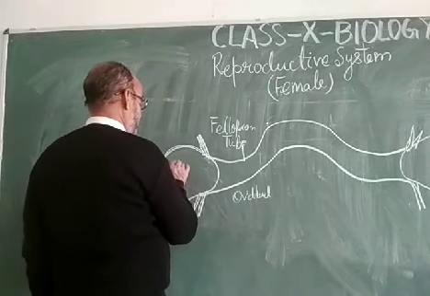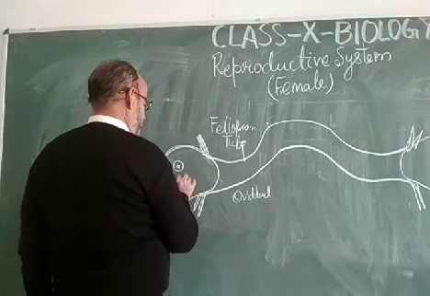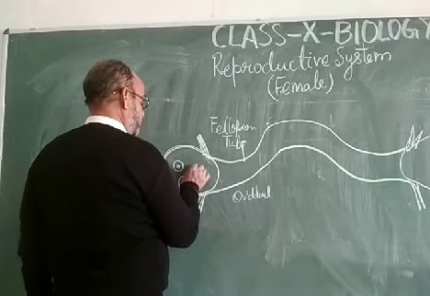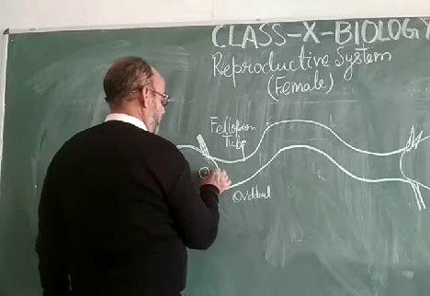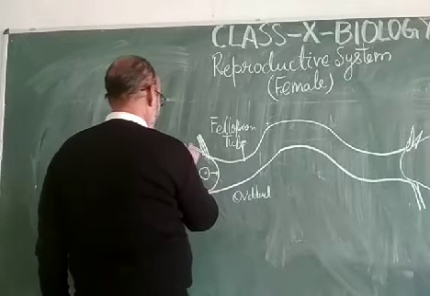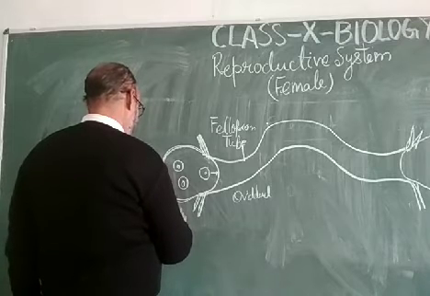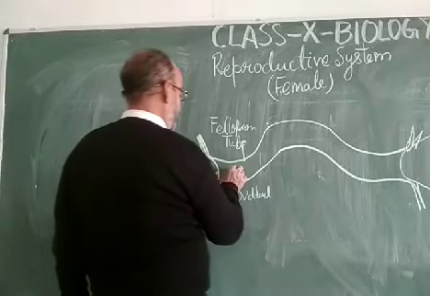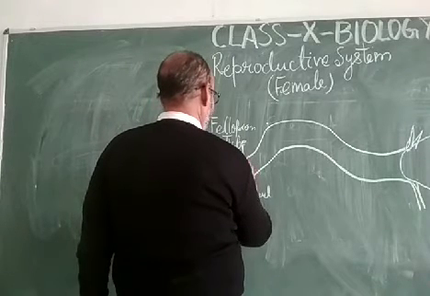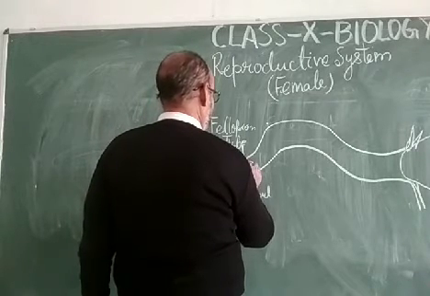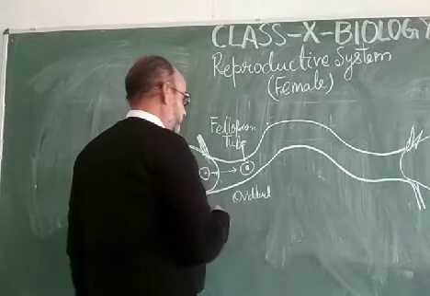So the ovum gets produced inside it, and on maturation, it will try to come out from this ovary. This is the ovary, this is the fallopian tube, and the matured ovum comes into the fallopian tube, either one or maybe two, on both sides.